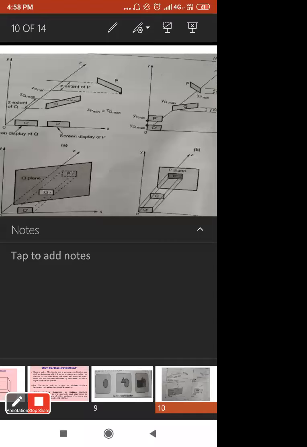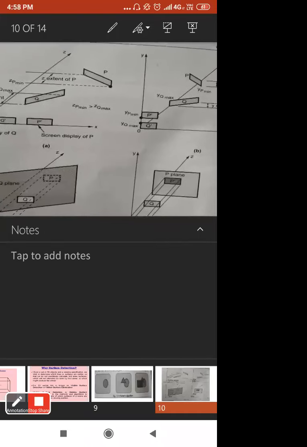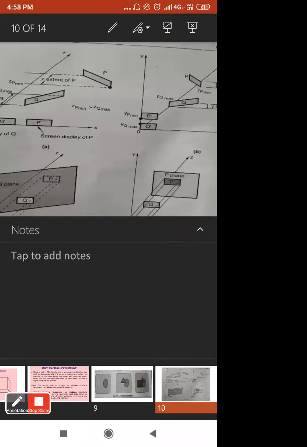Otherwise, the one having the maximum coordinates is the only one visible from the viewer's point of view.